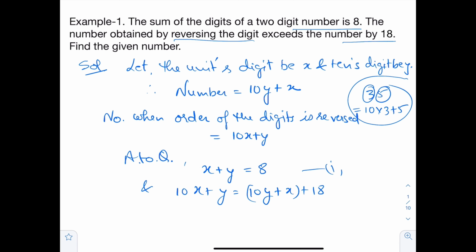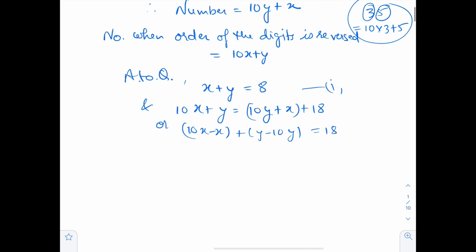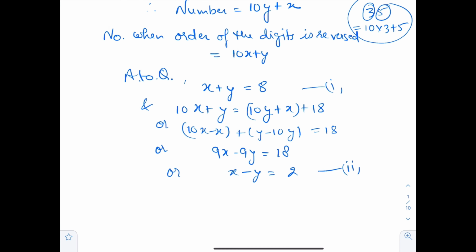The second condition, and this implies 10x minus x plus y minus 10y equal to 18, and 9x minus 9y equal to 18, and x minus y equal to 2. This is equation number 2.